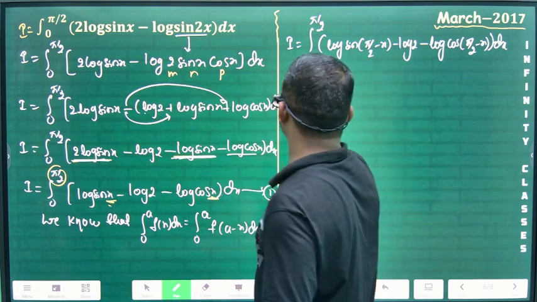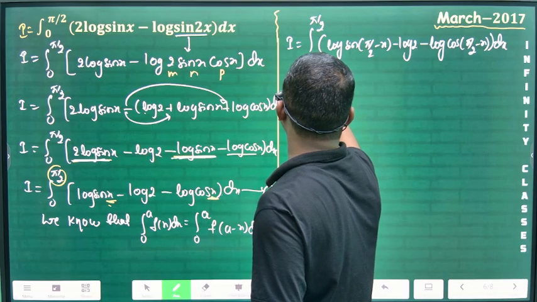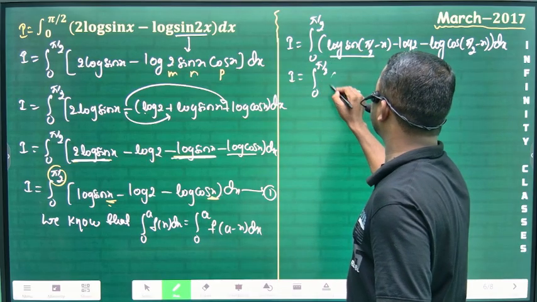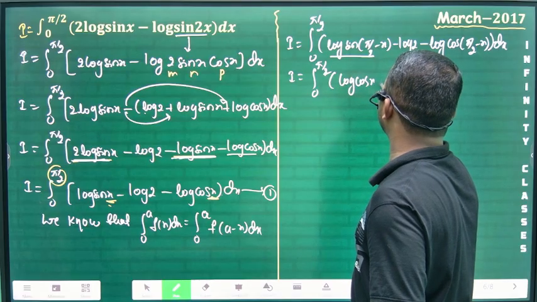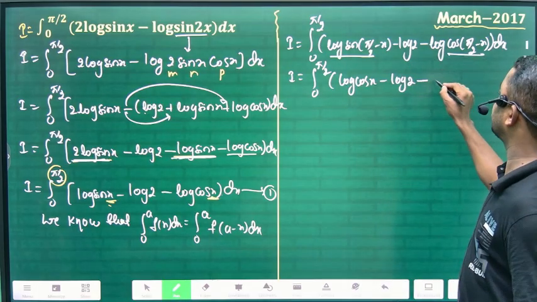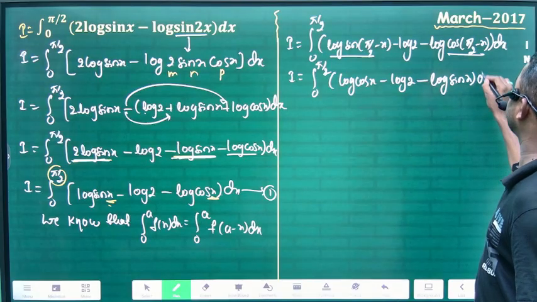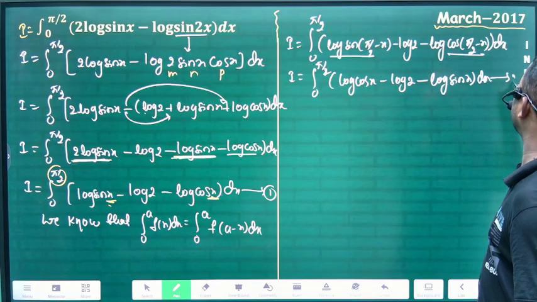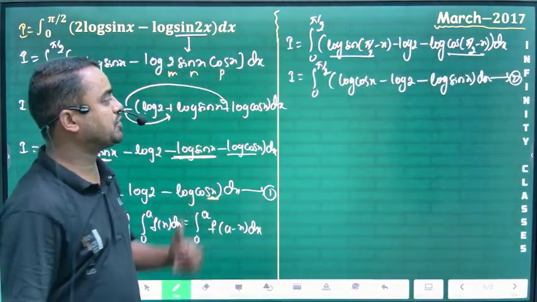Then I is equal to the integral from 0 to 5 by 2 of log cos x, minus log 2, minus log sin x. That is equation 2. So this is equation 1 and equation 2. Now adding equation 1 and 2.